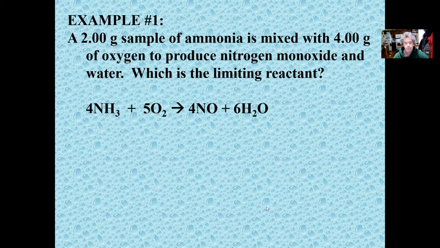So for example, we have here a 2-gram sample of ammonia mixed with 4.00 grams of oxygen to produce nitrogen monoxide and water. Which is the limiting reactant? Okay, so when we balance the equation, we get this: 4 NH3 plus 5 O2 reacts to yield 4 NO plus 6 H2O.